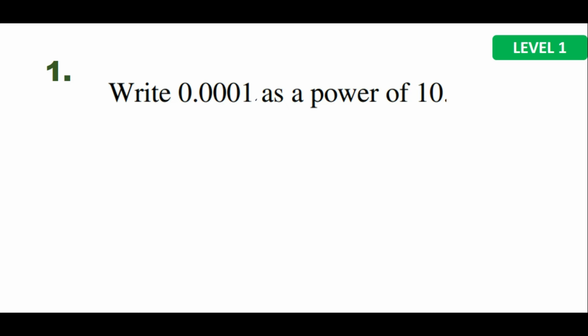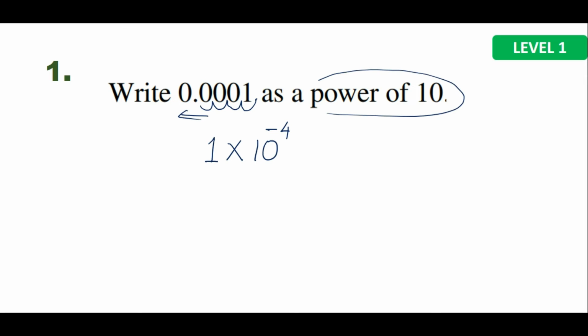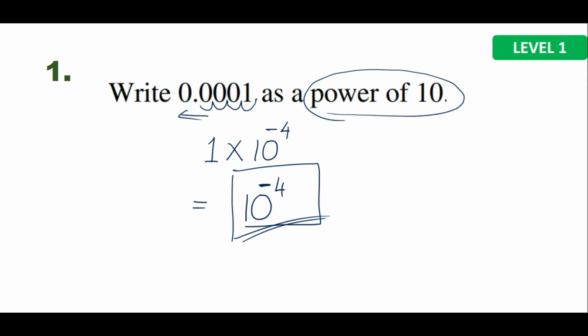So here I'll take 1 times 10 to the power of, my decimal is here, so 1, 2, 3, 4, moving backwards, negative 4. Now since they have mentioned you want the answer as a power of 10, you cannot write it like this. You put your answer as 10 to the power of minus 4. This should be your final answer.